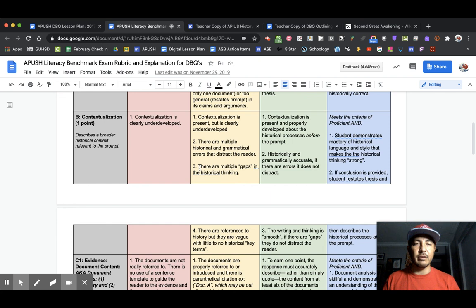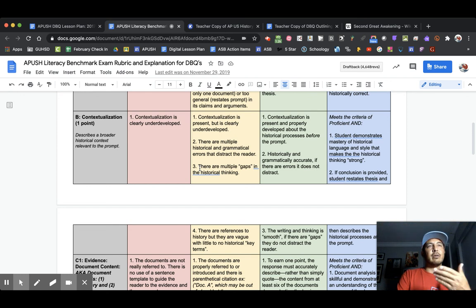And you can see it right here for number 3. What I mean by multiple gaps is that you might go back so far in history and you aren't linking the causes, the effects, the chain of events that led up to that situation. So, for instance, let's talk about the American Revolution. If you were to do some poor contextualization about this, you may first talk about the French and Indian War and then immediately go to the American Revolution.